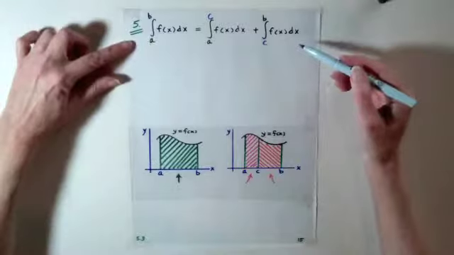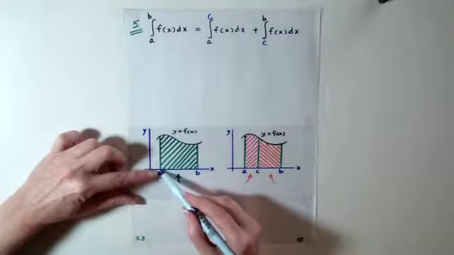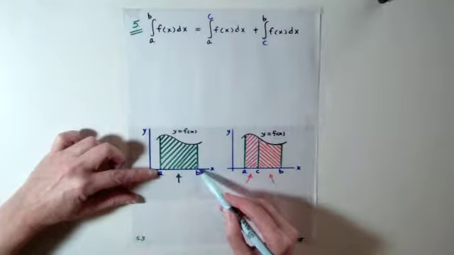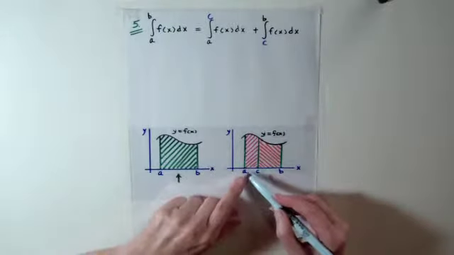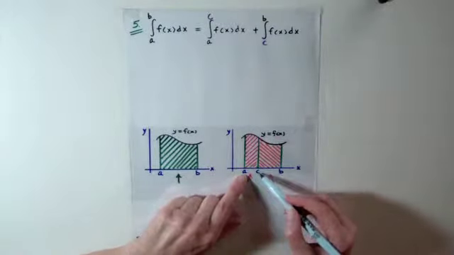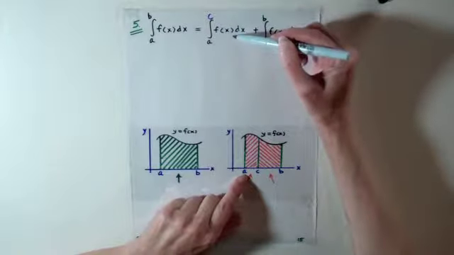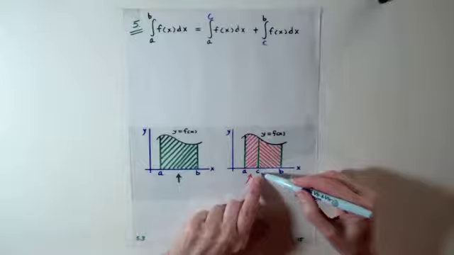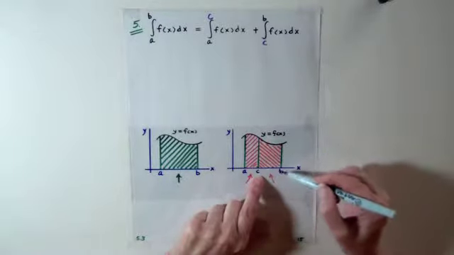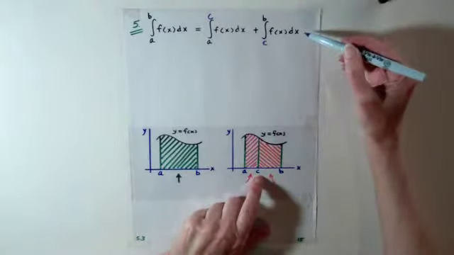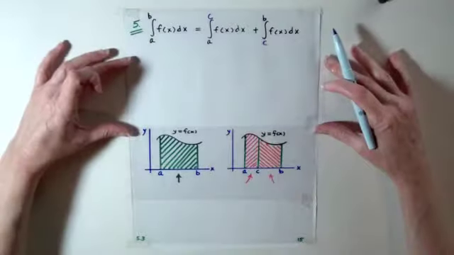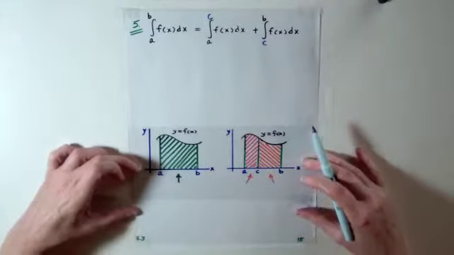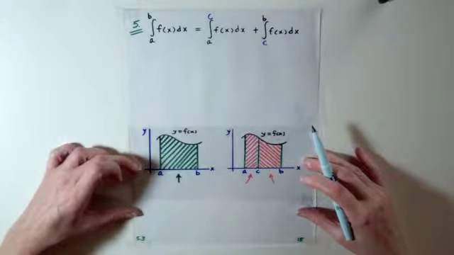What this property is saying is that if I do the integral all the way from a to b of this function f, it will be exactly the same as if I do the integral from a to the intermediate point c of that function and add on the definite integral from the intermediate point c up to b of that function. Well, let's prove this in general, and then we'll come back and think in terms of the picture about what that really means.